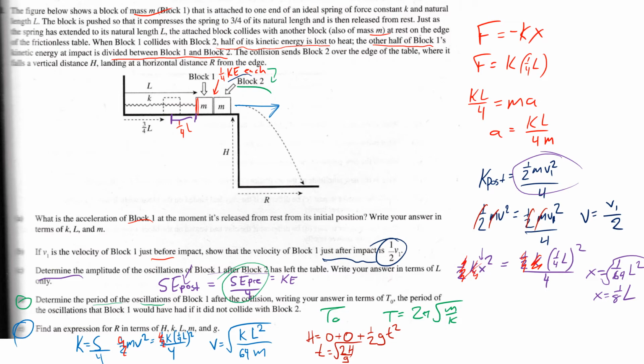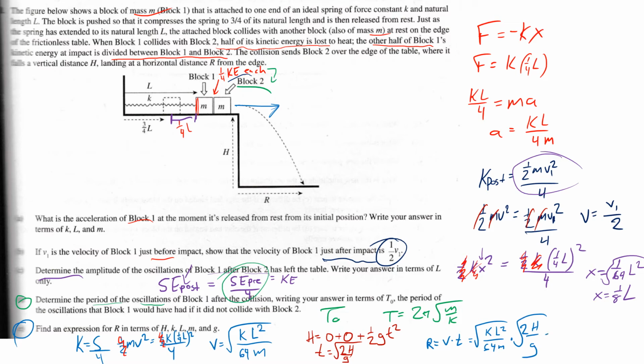So now we have a time, we have a velocity. We just got to multiply them together because, we'll go back to blue here, r is going to equal the velocity times the time. The velocity is square root of kL squared over 64m times the square root of 2h over g.